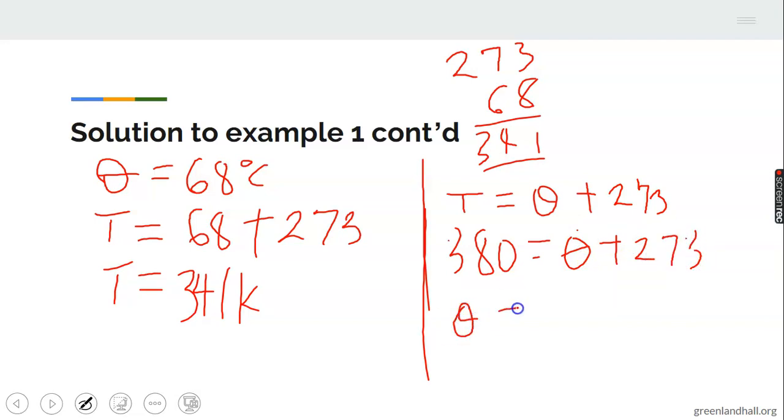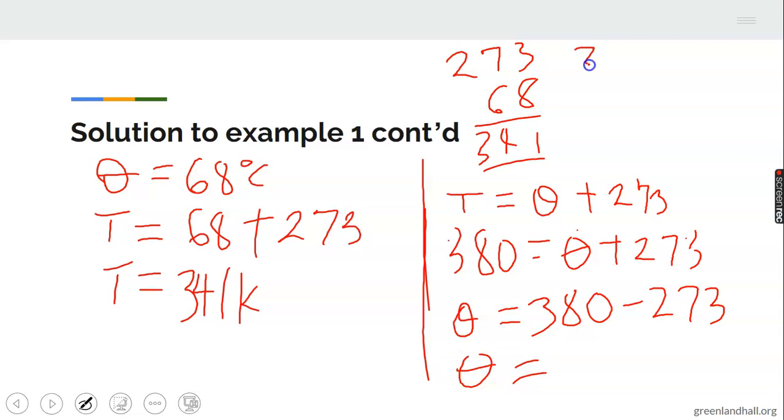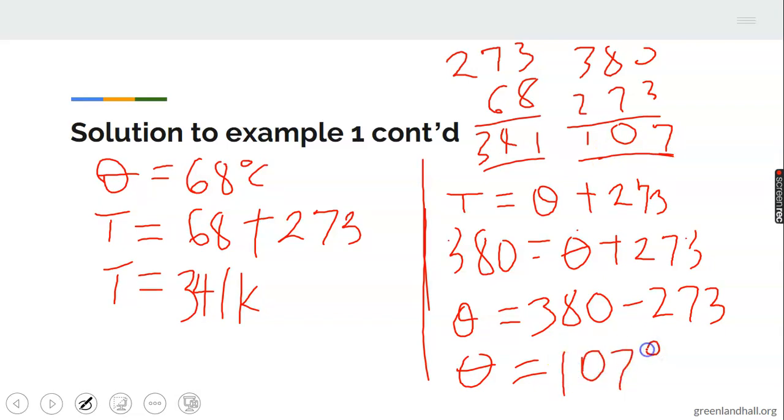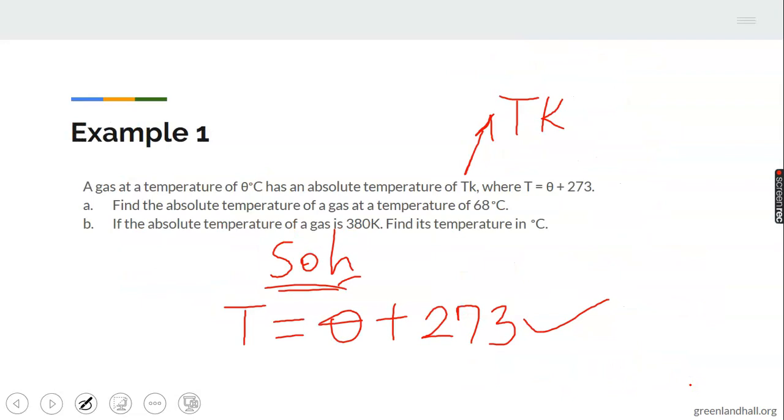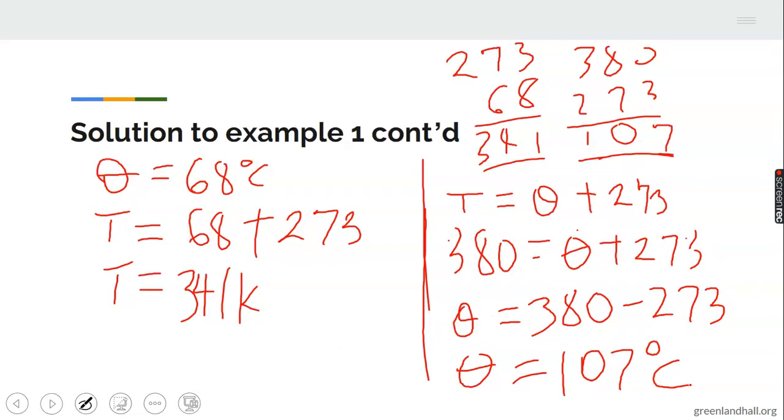That is theta equals 380 minus 273. Don't forget to put the unit. That gives 107 degrees Celsius. The question says in degrees, so that is degrees Celsius.